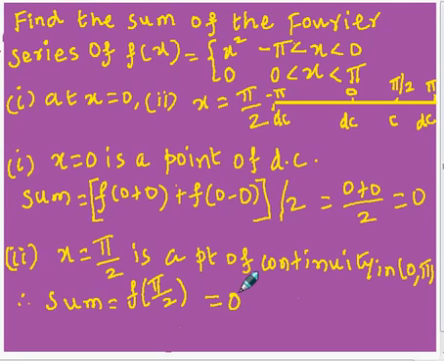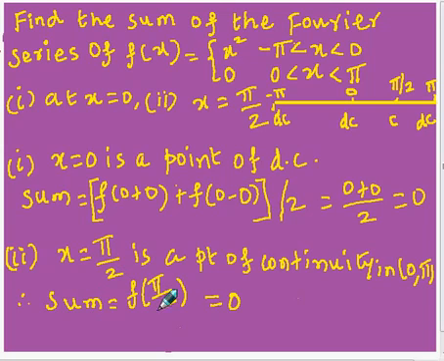Now when the sum is to be found out at pi by 2, we understand that pi by 2 is a point of continuity. When a point x naught is a point of continuity, we will find the sum by substituting the point itself in the function.